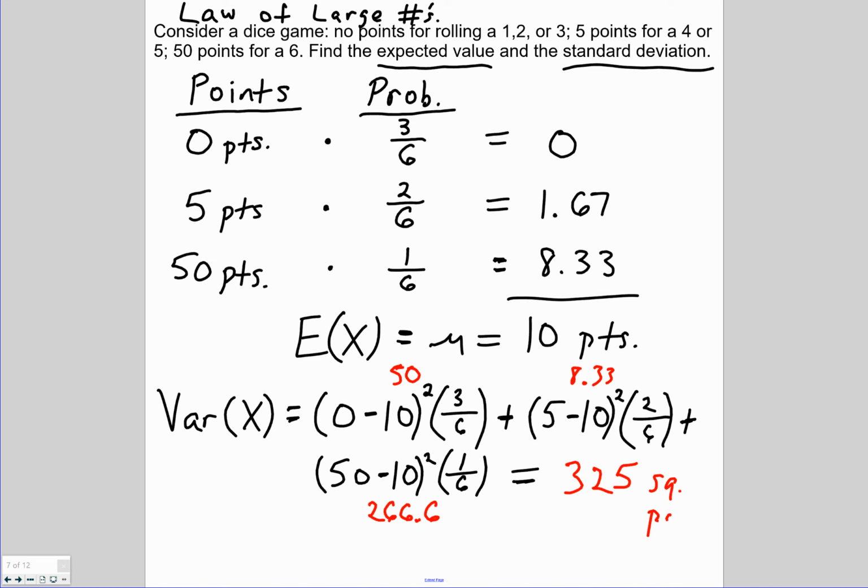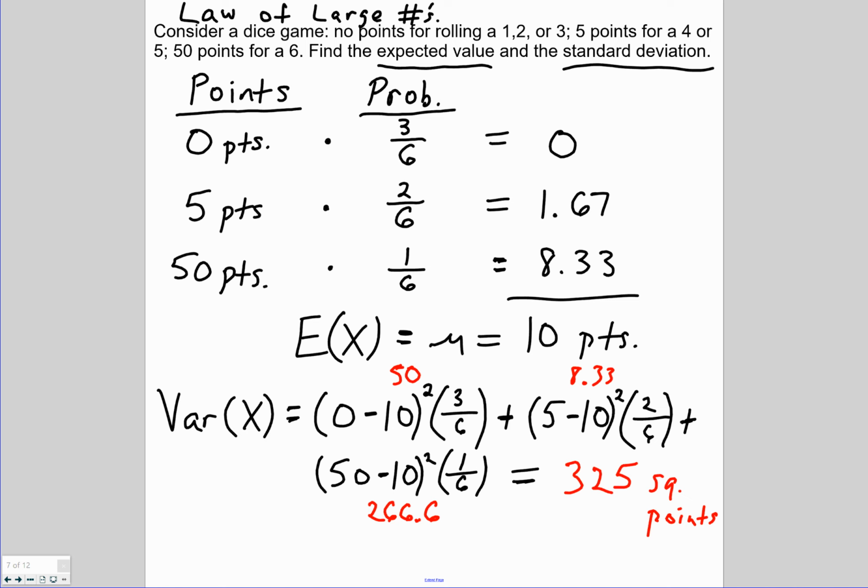Because what did we do to the deviations? We squared them. So right now, we're saying the variance is 325 squared points. Do I want to deal with squared points? No. What do I want? I want points. So to get rid of that square, what do I do?